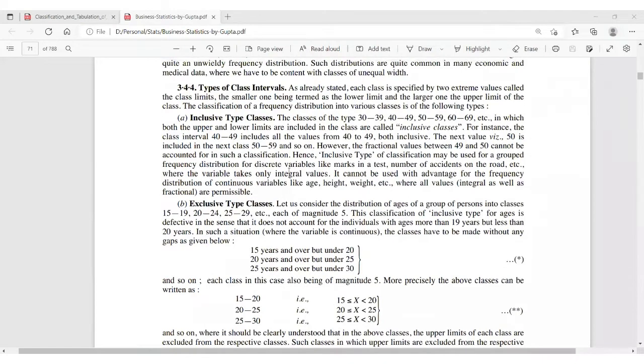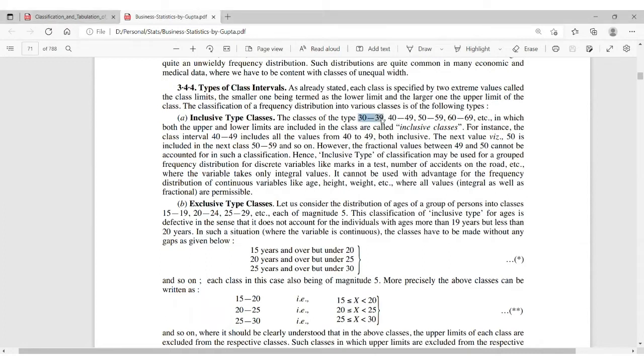Type of class interval. Now, inclusive type or exclusive type, right? In this last example, we made a term 15 to 19, then 20 to 24, and so on.